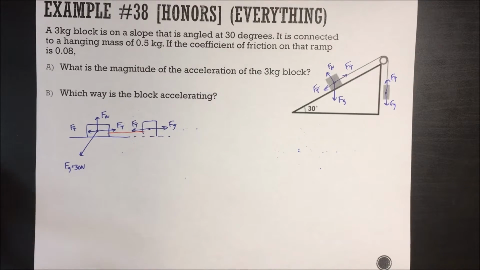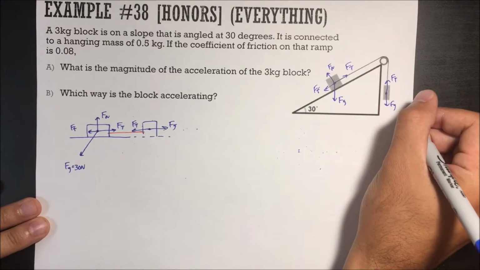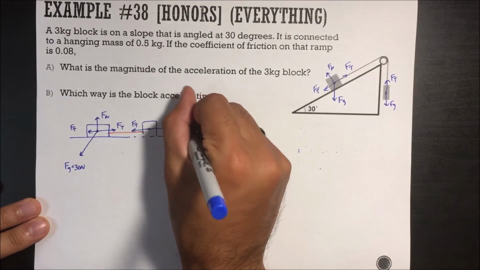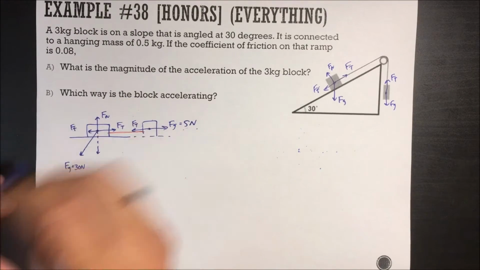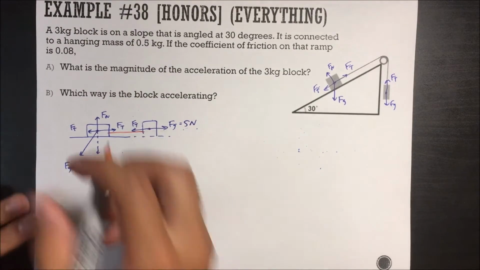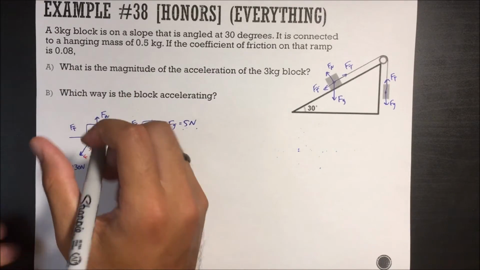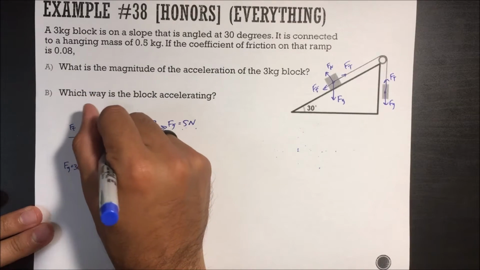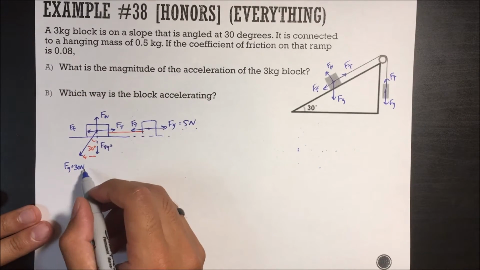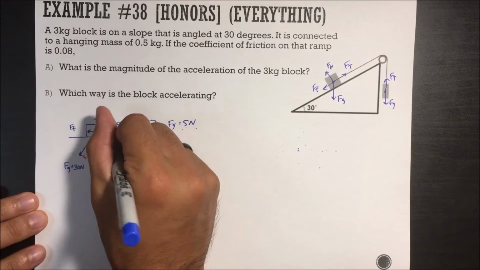Okay. First, let's find the components of everything we have. Force of gravity of this, so this is 0.5, so this is going to be equal to 5 newtons. We know that this angle here is going to be the same, so this is going to be 30 degrees. And this force of gravity in the y is going to equal 30 times cosine of 30. So 30 times cosine of 30 is going to give us 25.98.